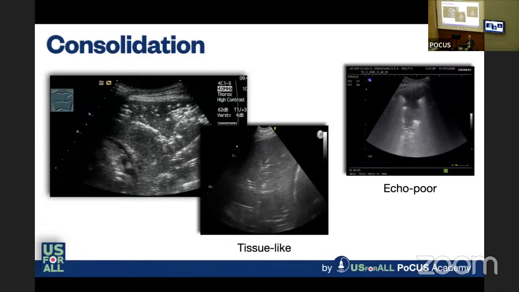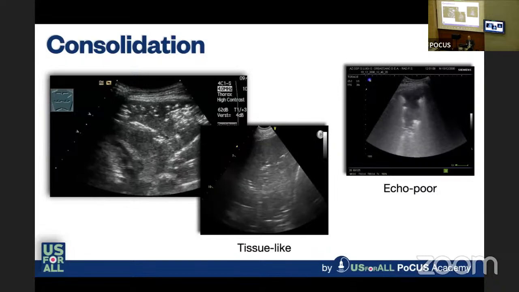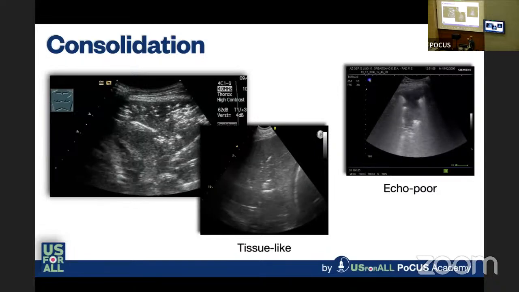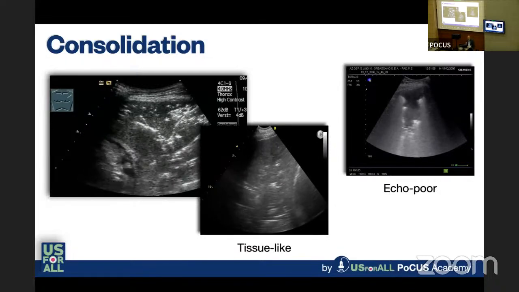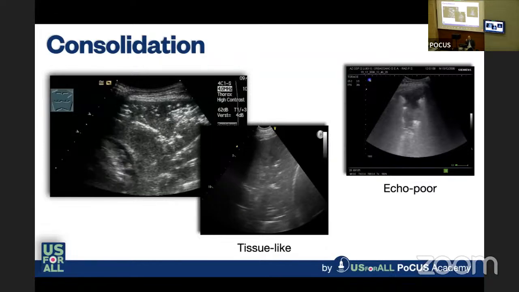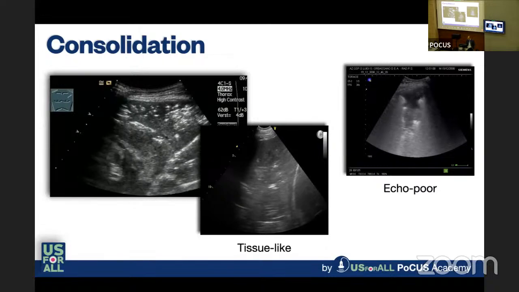This is the so-called hepatization of the lung. The other possibility is an echo-poor region, like in this case. Both are considered lung semiotics for consolidations of the lung.